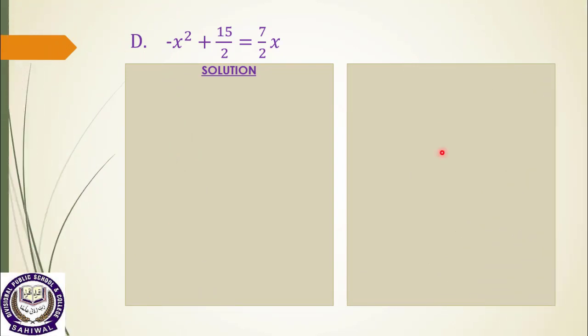Now look at our next question, which is minus x square plus 15 by 2 equal to 7 by 2x. This equation is not arranged as a general form of quadratic equation. So firstly we arrange it. After arranging, we get x square plus 7 by 2x minus 15 by 2 equal to 0.